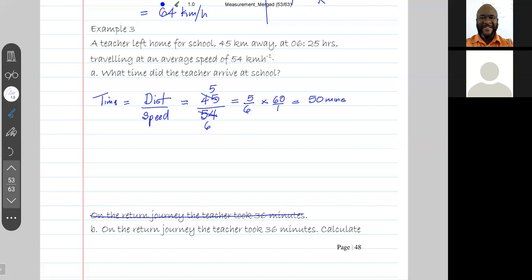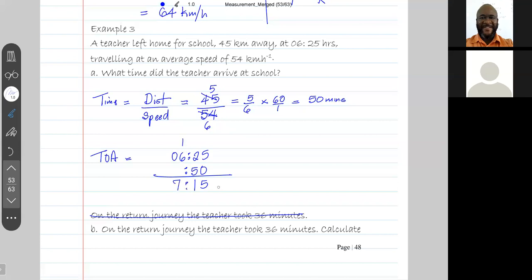So the time of arrival at school would be the time the person left plus the amount of time it took. So this is 5, this is 7. Put down 1, carry the 6, 60 minutes is 1 hour.